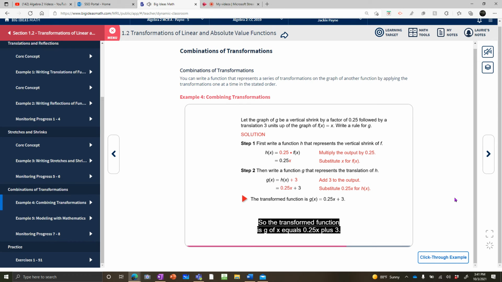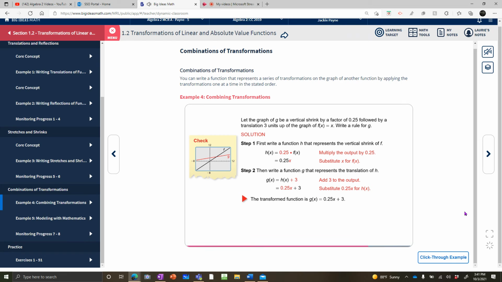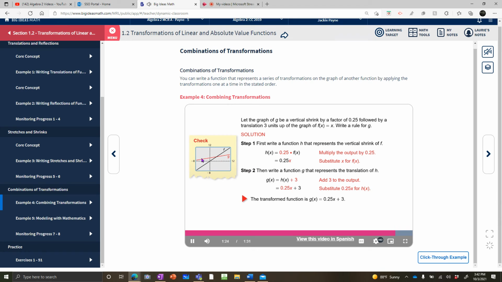So the transformed function is g of x equals 2500 x plus 3. To check your work, use a graphing calculator to graph the parent function f of x and the final transformation g of x. You can see that the graph of g shows both a vertical shrink of f of x and a vertical translation of f of x.